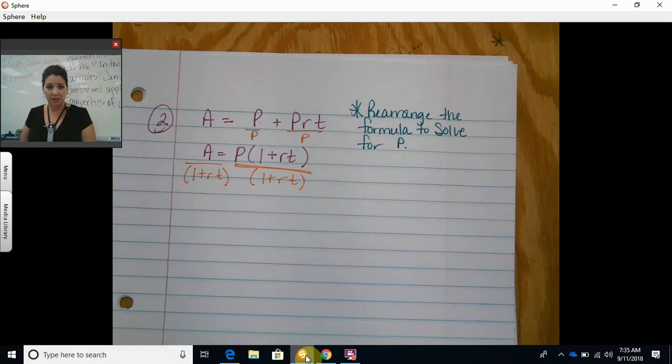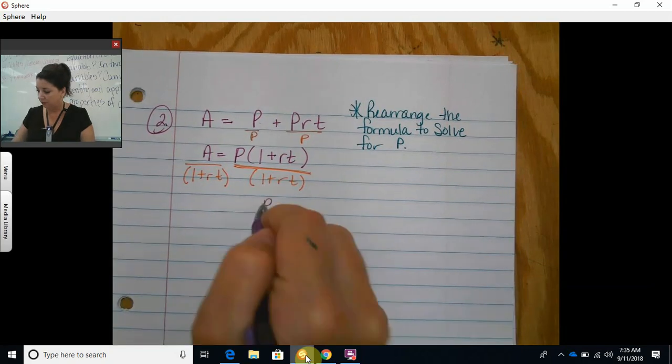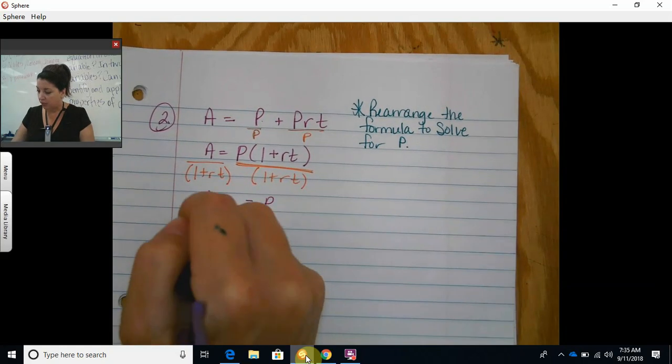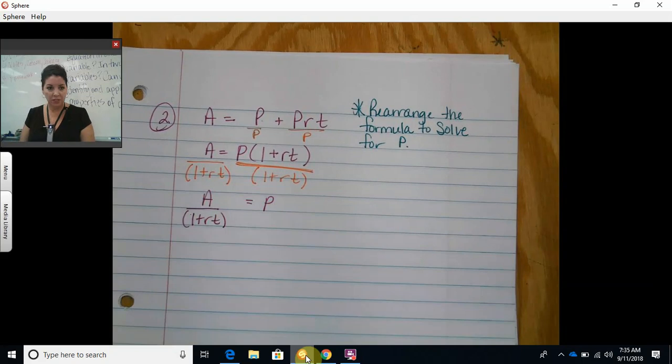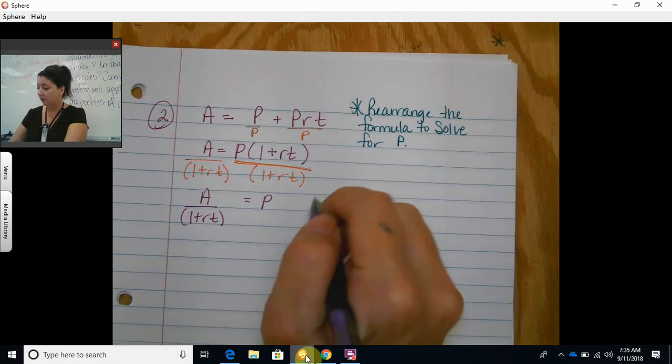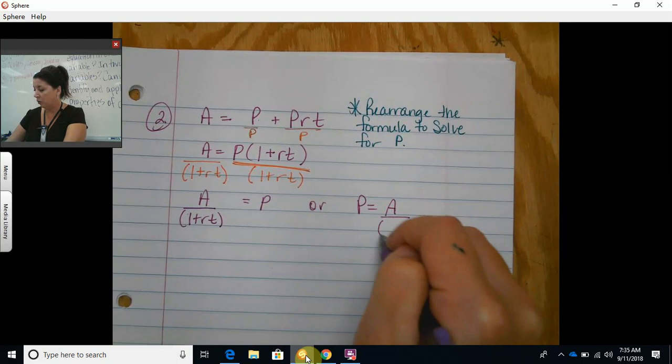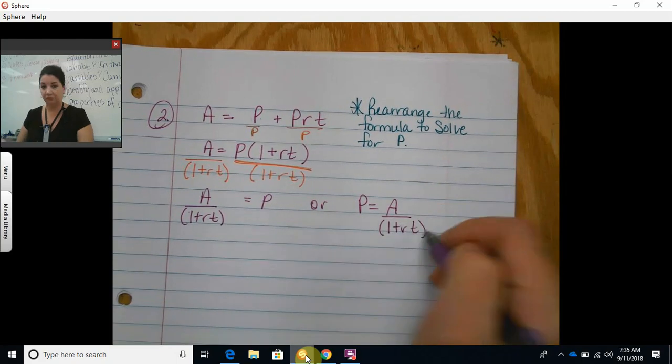So on the right side, the 1 plus RT cancels and just leaves me with P. On the left side, I have A divided by 1 plus RT. And you don't have to put the parentheses, they're not necessary, but you can, it doesn't matter. Or P equals A divided by quantity of 1 plus RT.